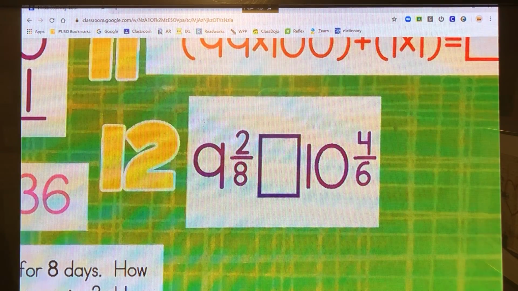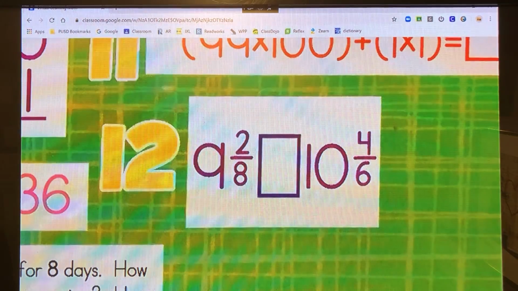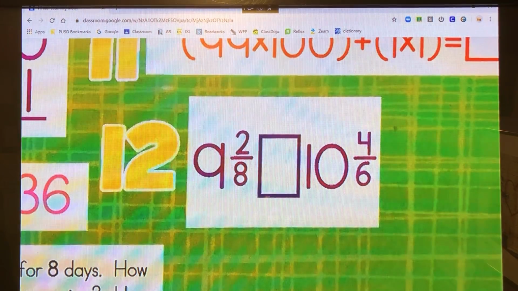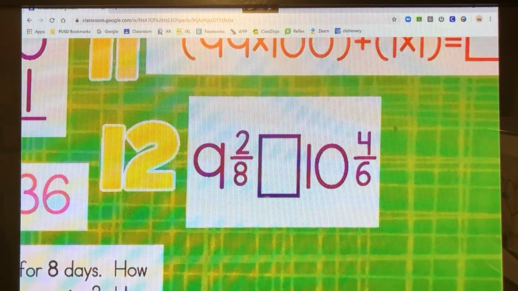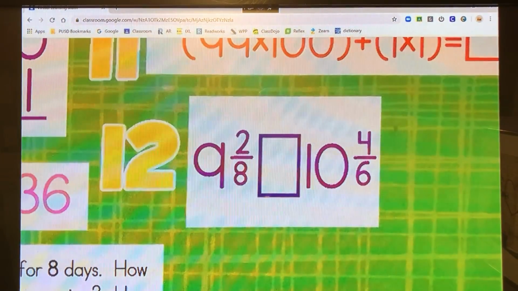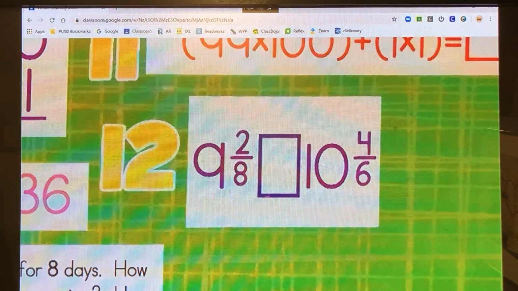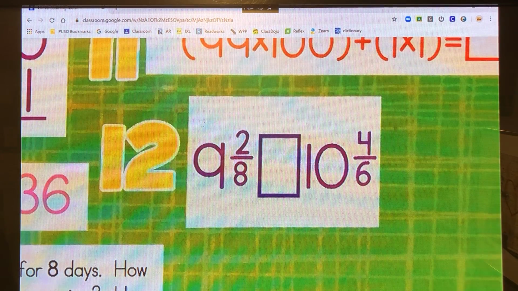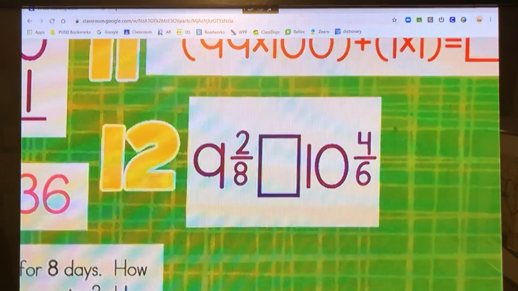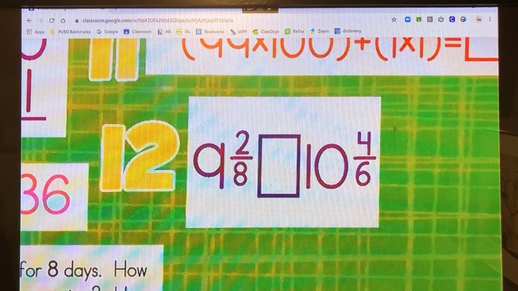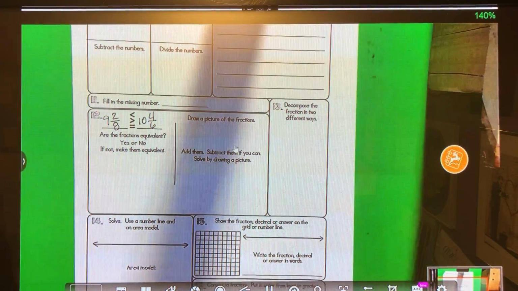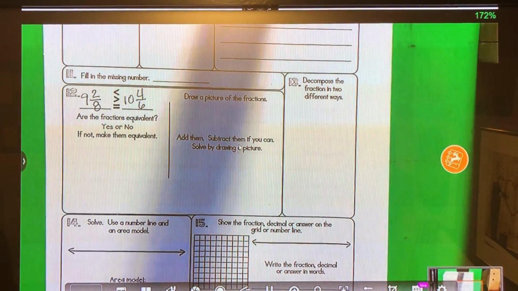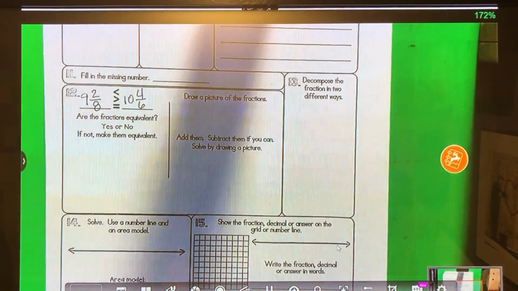It's mixed up. And so we have 9 and 2/8 is how you say that. And then the second number is 10 and 4/6. Okay? What I will do, as soon as I've written these numbers down into the appropriate section for Mountain Math, is move over to a piece of scratch paper.